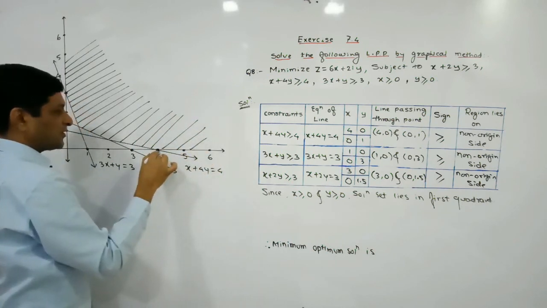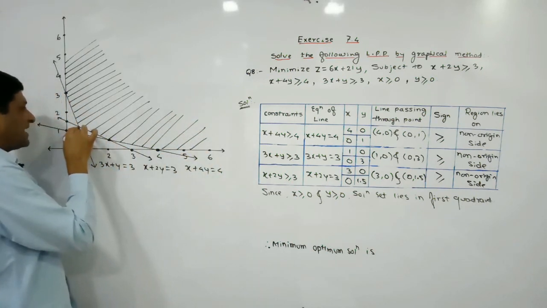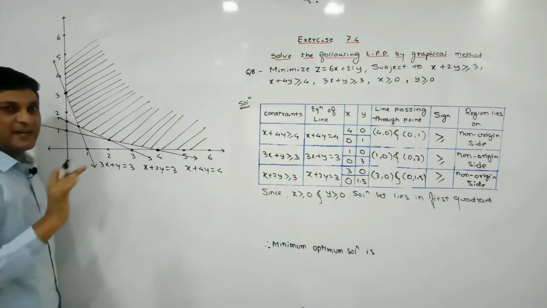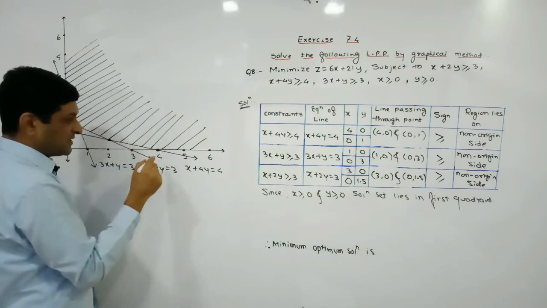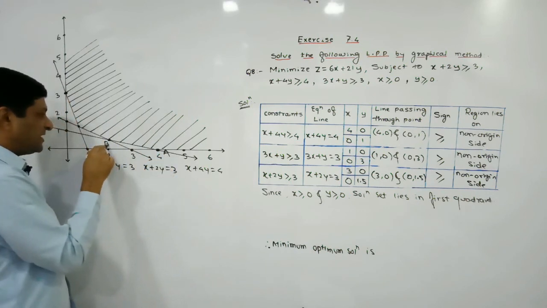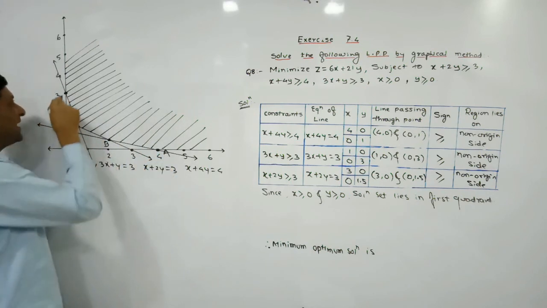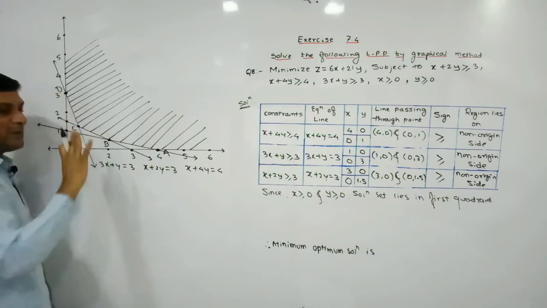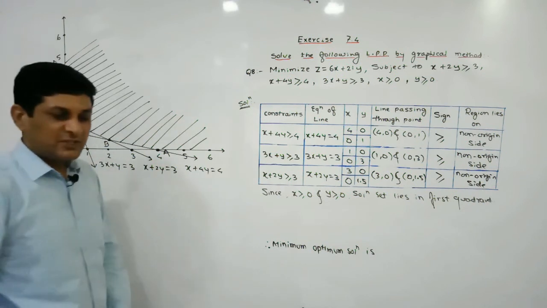Now denote the corner points by capital letters, which are the vertices of this feasible solution. Let us denote the first vertex by A, the second vertex by B, the third vertex by C, and the fourth vertex by D. Now our aim is to find the coordinates of these vertices.